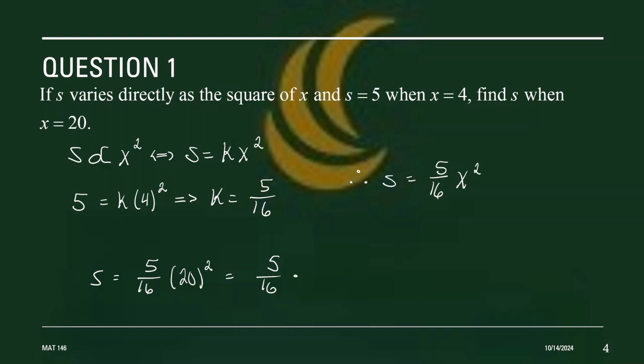Twenty is 5 times 4, isn't it? Twenty squared would be 5 squared times 4 squared. But 4 squared is what? And there's a 16 in the denominator. This is 5 cubed. And what's 5 cubed? 125. So when x is 20, s is 125.